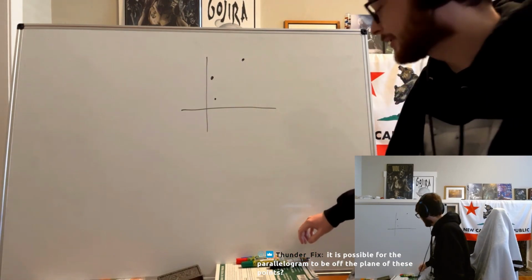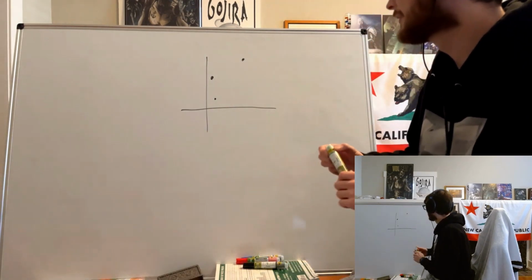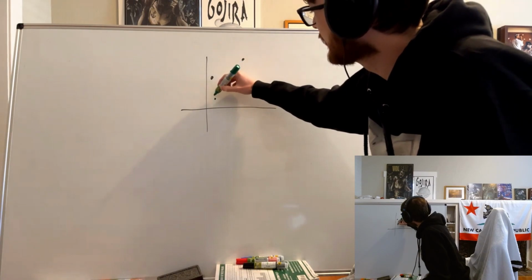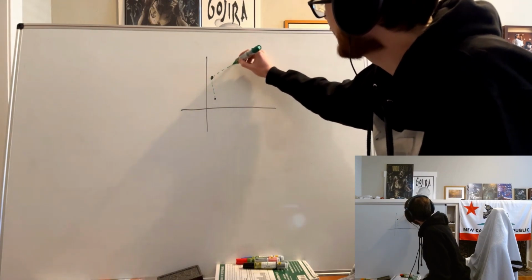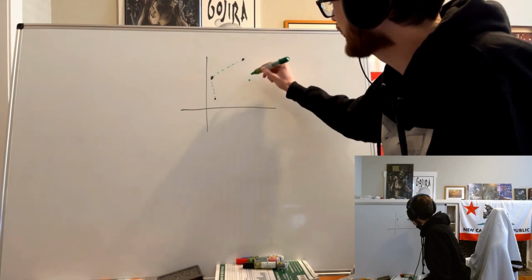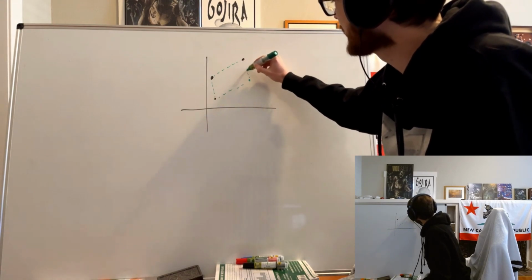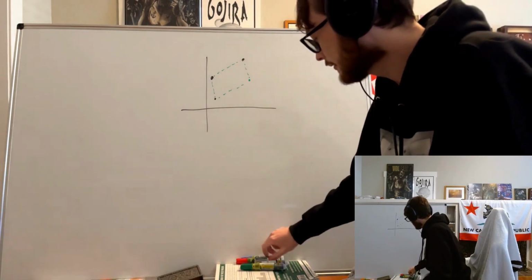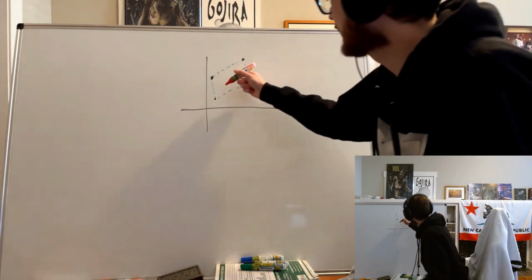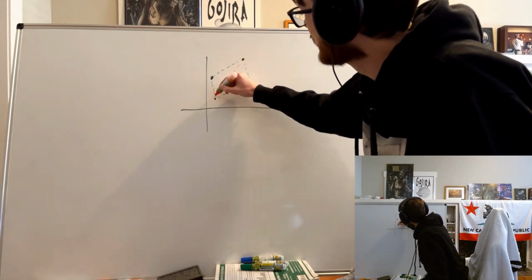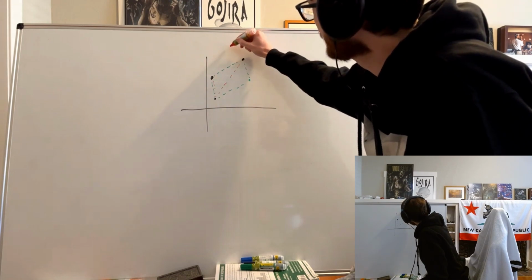that's what I'm wondering about, Thunder. We could connect the dots like this, and then we would have to draw our 4th point D right there. And that's one parallelogram. Or in red, we could connect these dots over here, and then our point D would be up here.